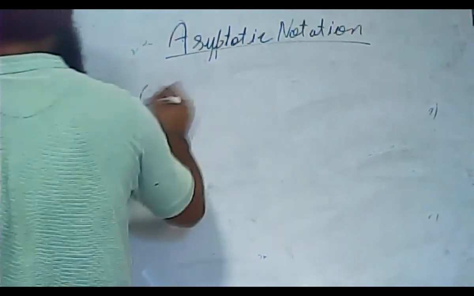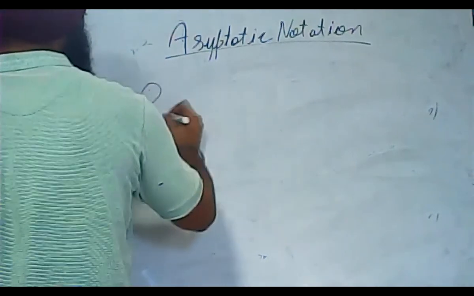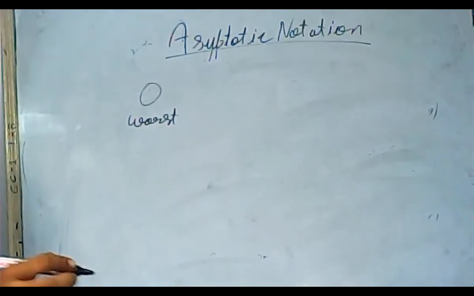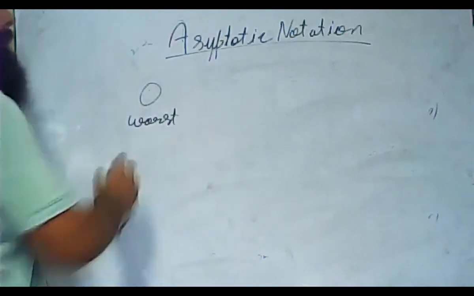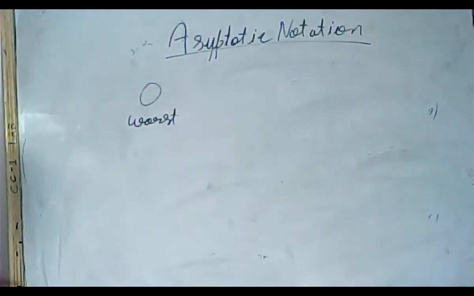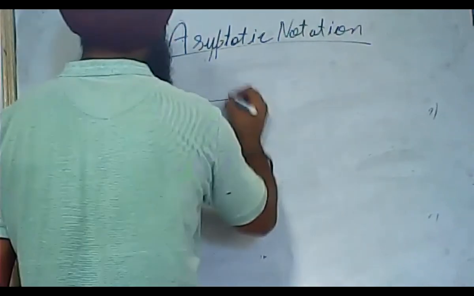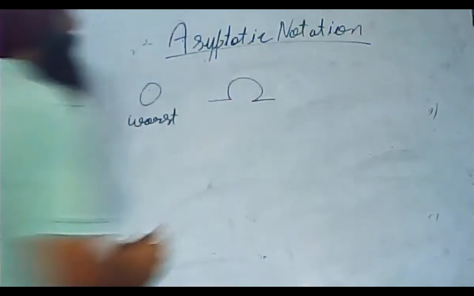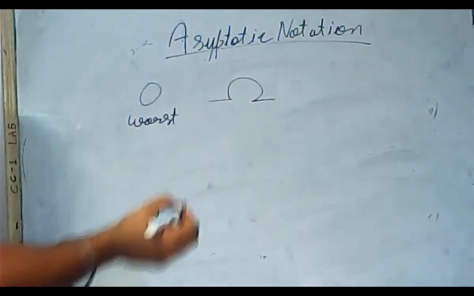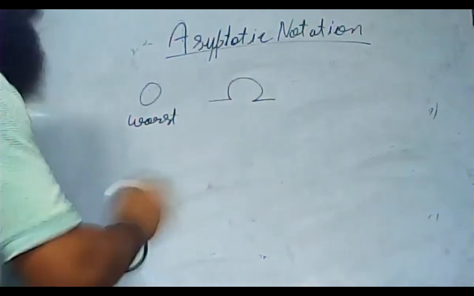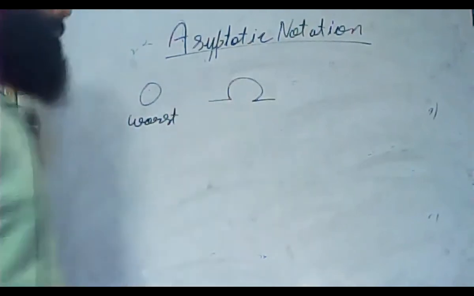Big O is the worst case: if an algorithm is taking any time, it cannot take worse time than this. And what is the best case? If the algorithm is taking less time, it cannot take less time than this. That is the best case.